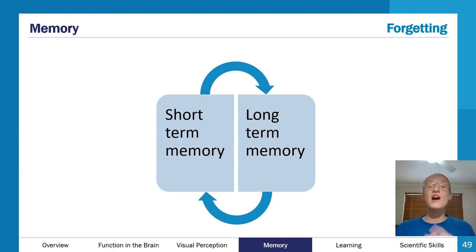The first theory is the idea of ineffective coding, which is known as encoding failure theory, the idea that maybe the information was never actually encoded or stored properly in the first place. And we can contrast that with ineffective retrieval, which is referred to as retrieval failure theory, which is quite given away in the name, where we are just failing to retrieve it.